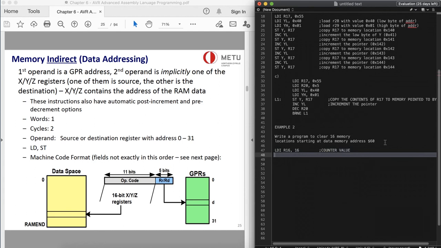Then LDI XL is going to be the least significant byte, so the low byte, which is 0 hex 60.